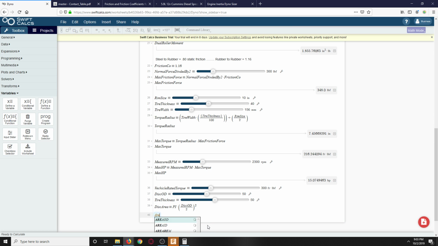Disk weight equals disk area times fly thickness.